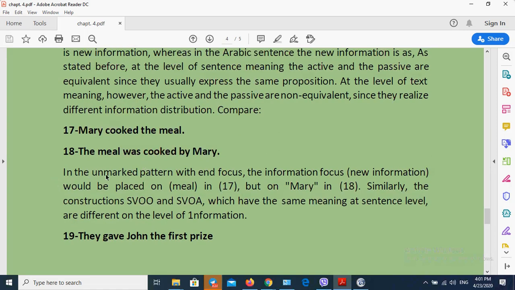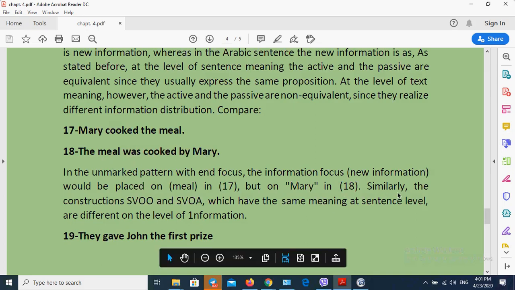Here we have a marked pattern with the end focus. The information focus and new information would be placed on meal in 17, but not Mary in 18.